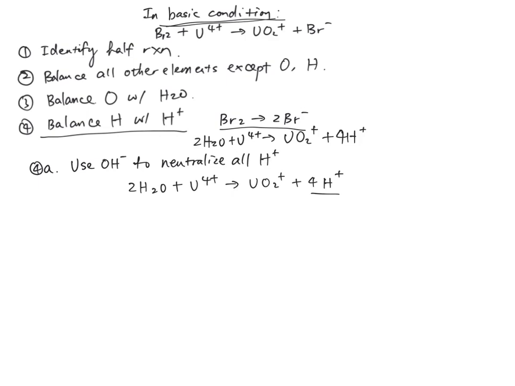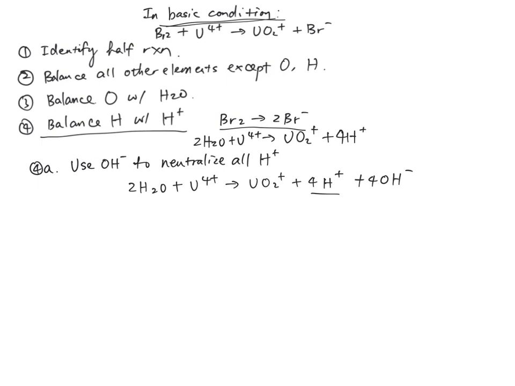And you made some H plus in a basic condition. These H plus are going to be caught by hydroxide ions. Each one is going to be caught by one hydroxide ion, and you have 4 of them. So, of course, we're going to use 4 hydroxide ions to catch them.